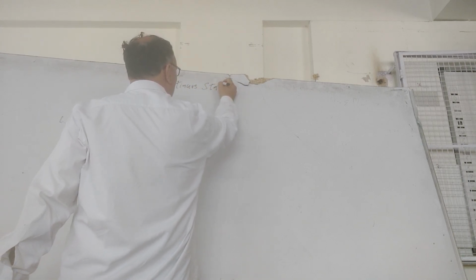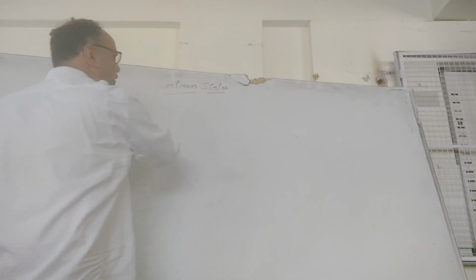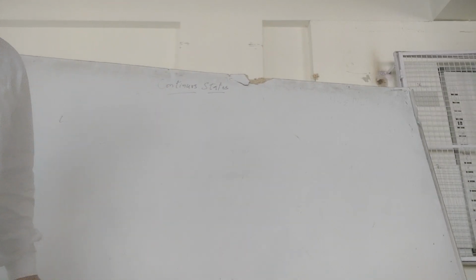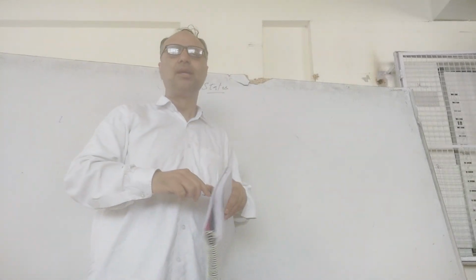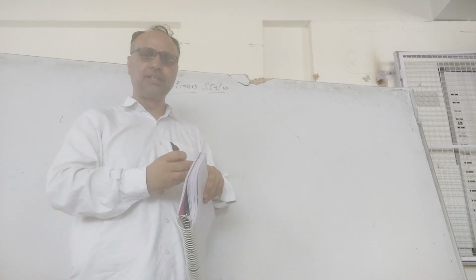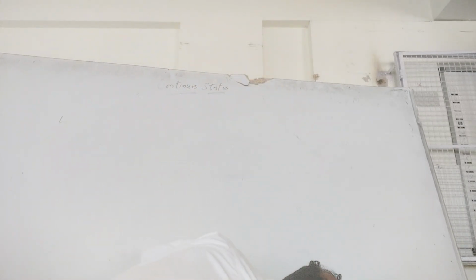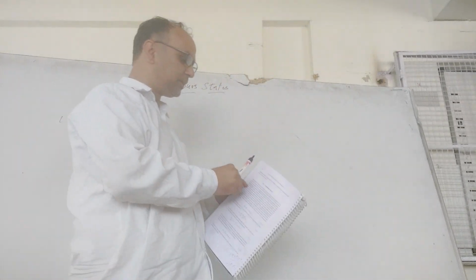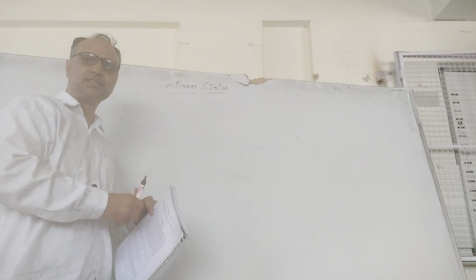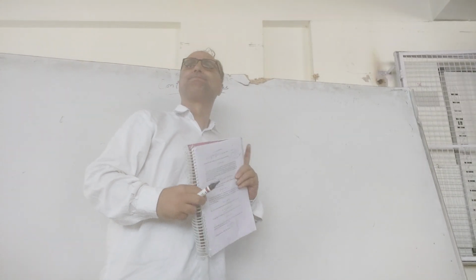So in quantum mechanics, normally we take discrete values, and its representation in the Hilbert space more or less comes.